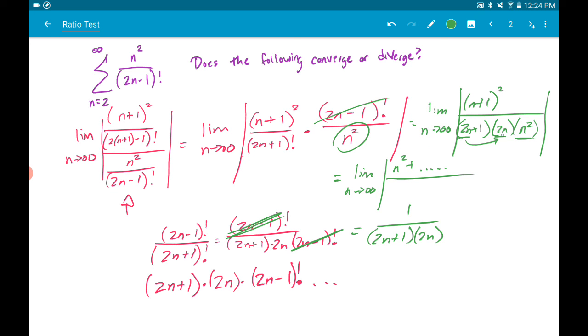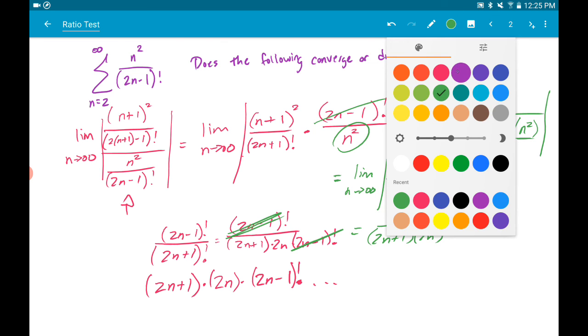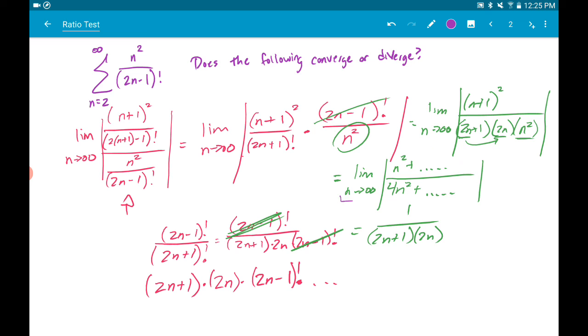Specifically, n times n squared. So I'd really have a 4n, because those 2's, 4n to the fourth plus some other junk. And the reason that's the only thing that's important is because when you take limits, especially as n approaches infinity, all you really care about is that leading coefficient.